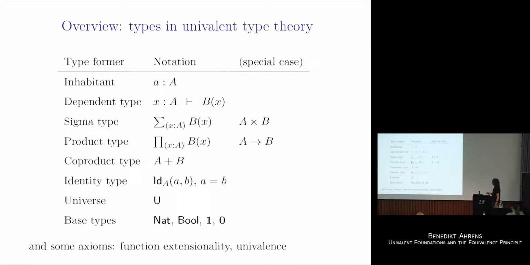The sigma type is the type of dependent pairs where the first element is an element in A and the second element is an inhabitant of B of the first element. And as a special case, we get the binary product. I think Thorsten did it a bit differently this morning.